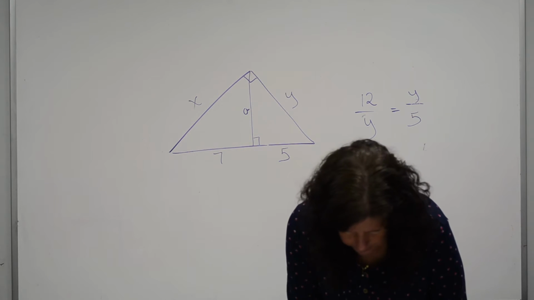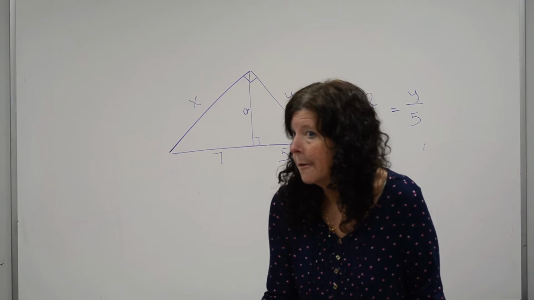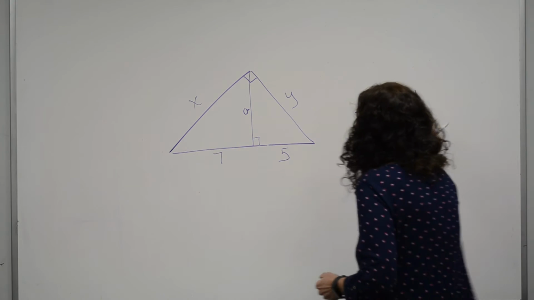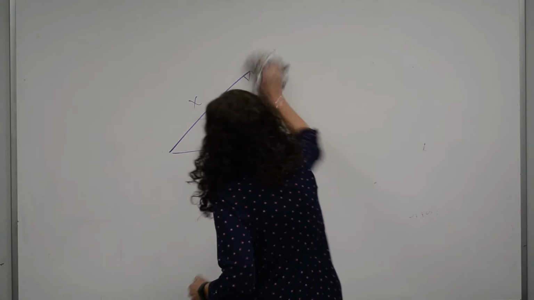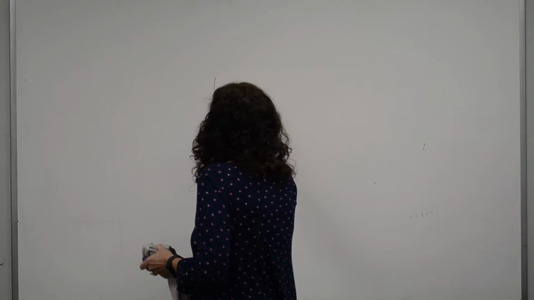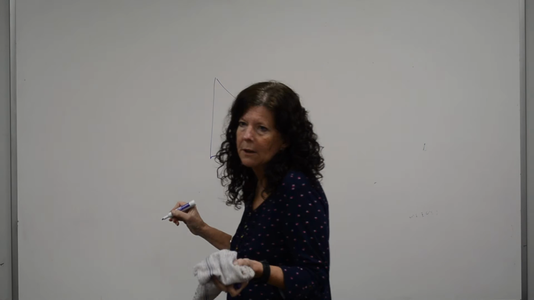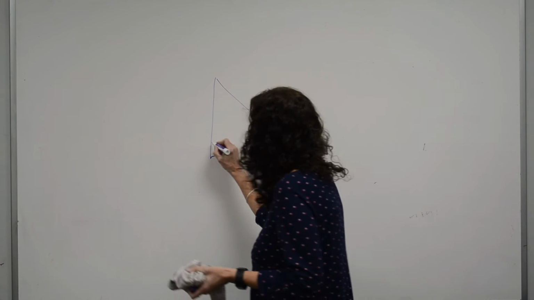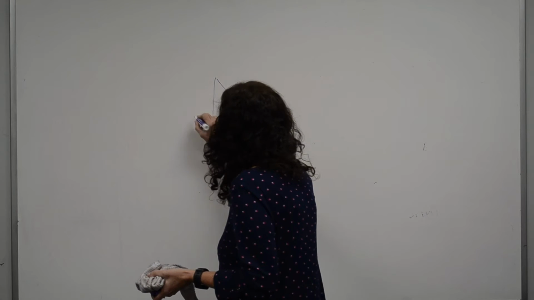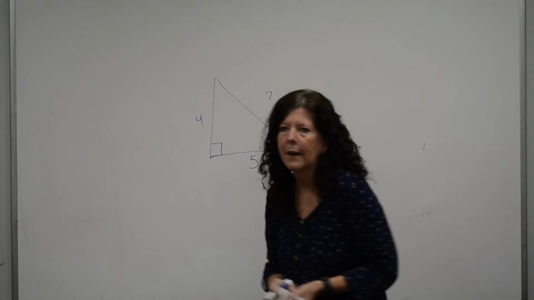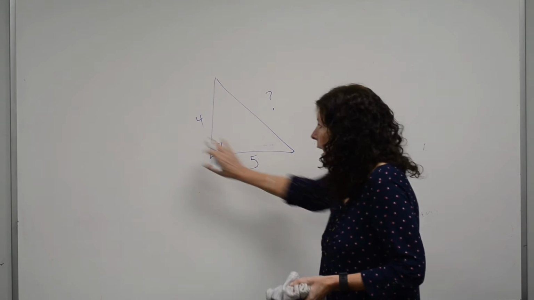The second section that we did had to do with the Pythagorean theorem. You remember the Pythagorean theorem? It's a squared plus b squared equals c squared, and it's always when you have a right triangle. You can't do it when you don't have a right triangle. Let's say this is 5 and this is 4, and I want to know that. I know the 2 legs.